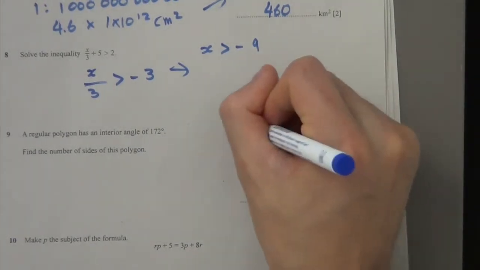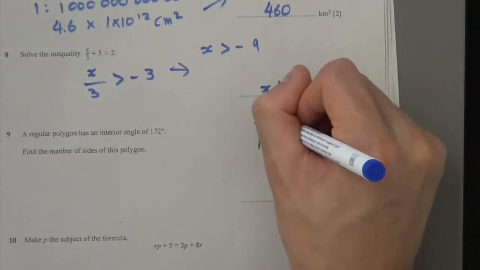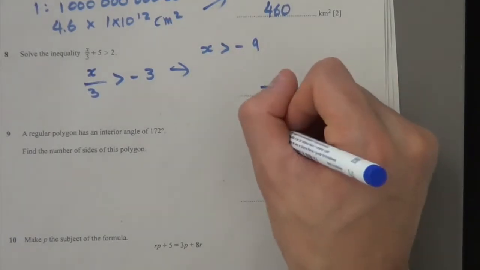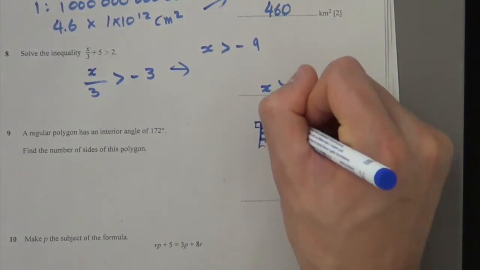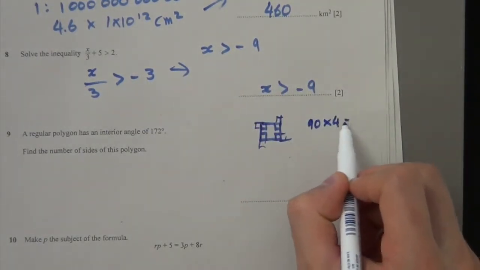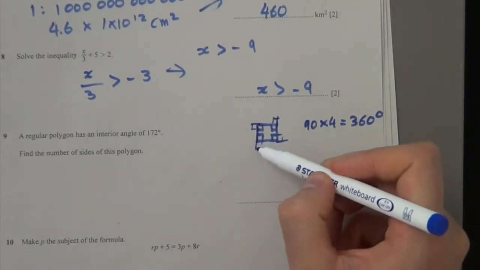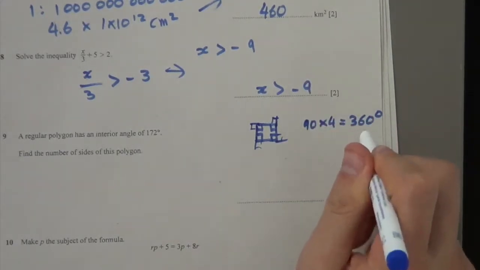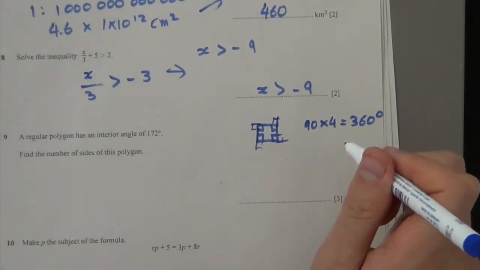If I was to extend the line of each of these edges, it would be 90 plus 90 plus 90 plus 90. And what does that give me? 90 times 4 is 360 degrees. So there's a rule that all the exterior angles of any regular polygon will always equal 360 degrees. So what does that mean for us?